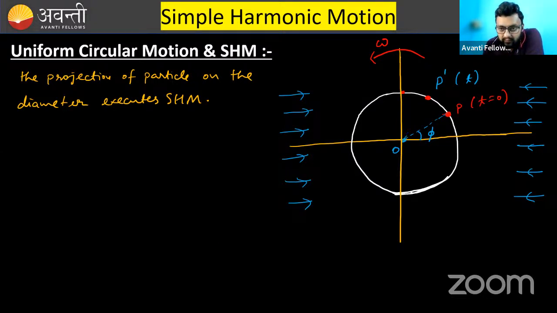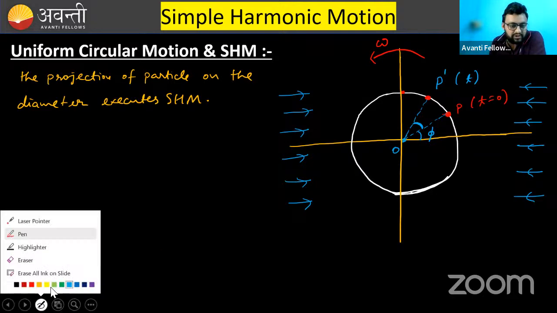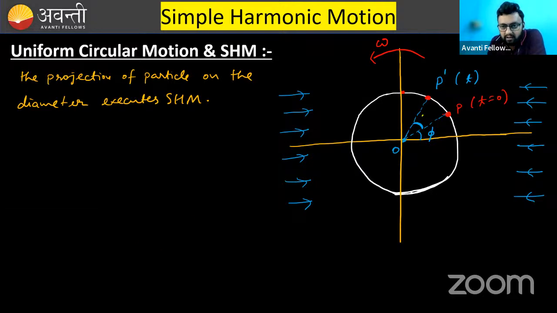What angle will it travel in this time? Its velocity is omega, time is t, so it must have traveled an angle omega t.